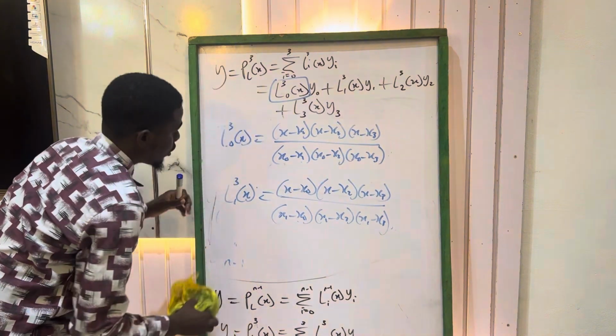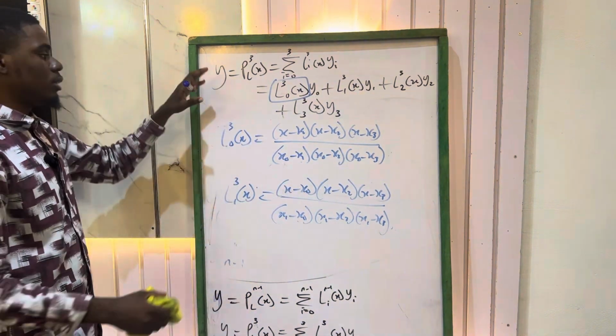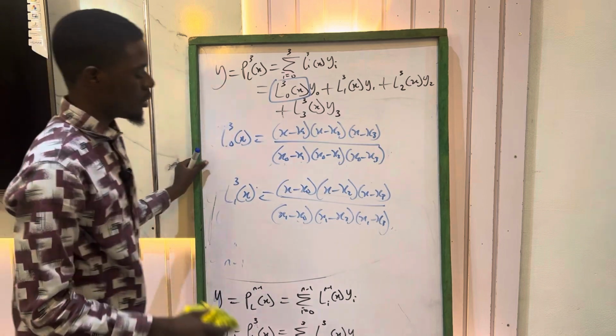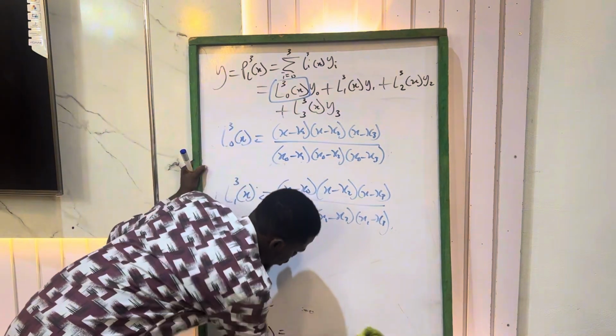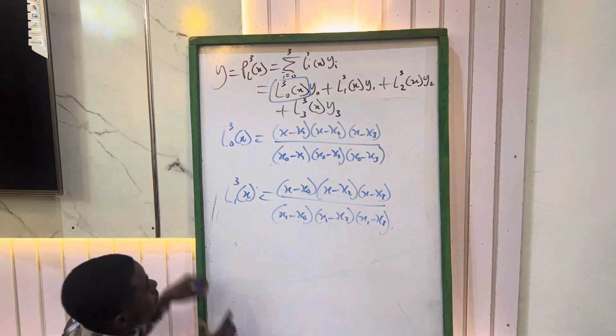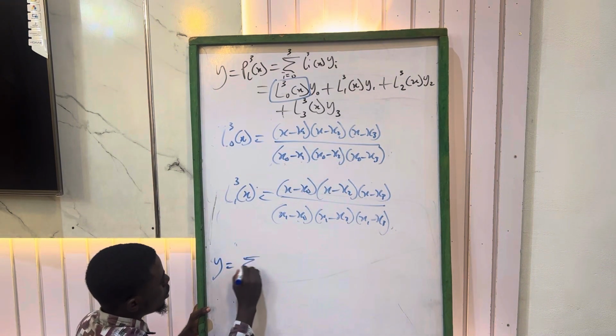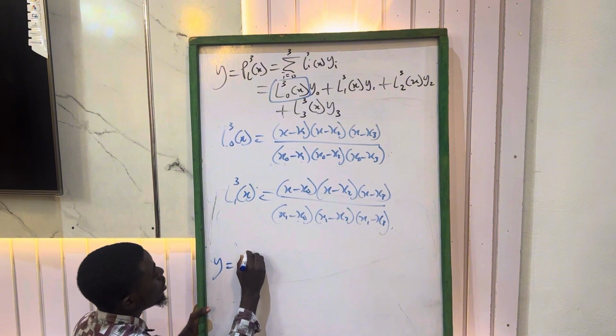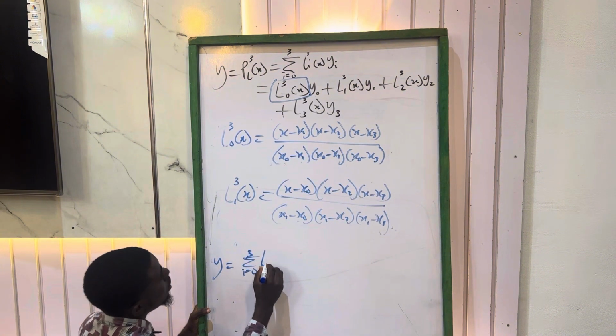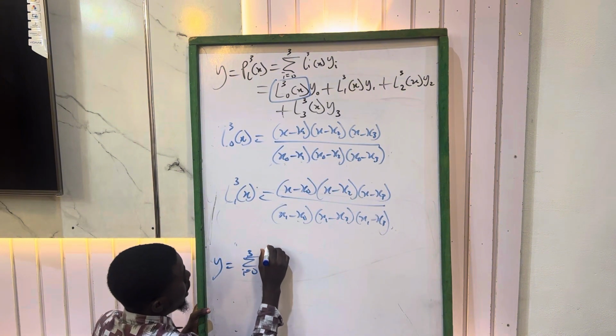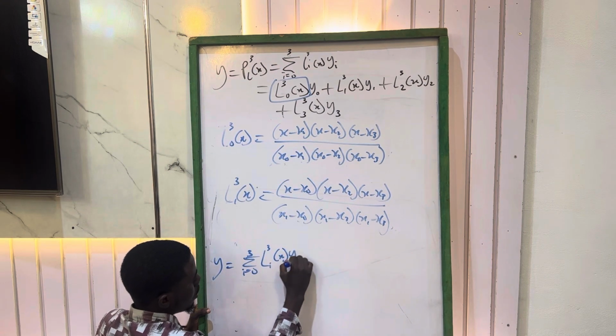So let's just slot in our equations into the Lagrangian interpolation method. So having that, we can say that simplifying this equation, y is equal to the summation from i equals 0 to 3 of L_i(x) times y_i.